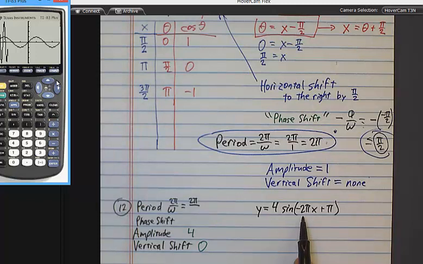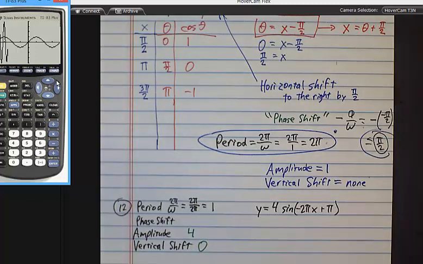Right? So 2 pi over 2 pi, so it's 1. Of course, when we say 2 pi is the normal period, that's like 6. So that's why there's going to be almost 6 times as many of these oscillations as there are for just 1. You can see about 6 oscillations going on.